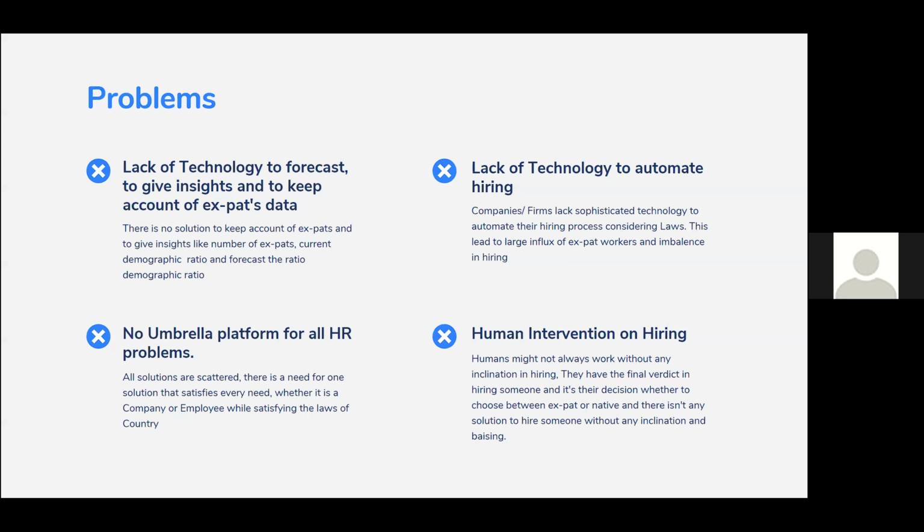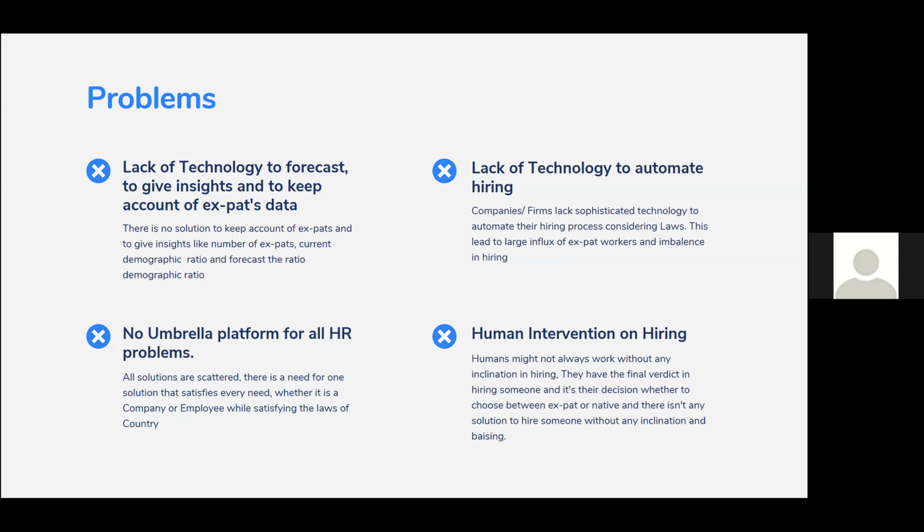And the fourth biggest problem is human intervention in hiring. In most companies, HR managers or people inside the company take decisions regarding hiring, and this can most probably lead to bias or inclination towards certain recruits.